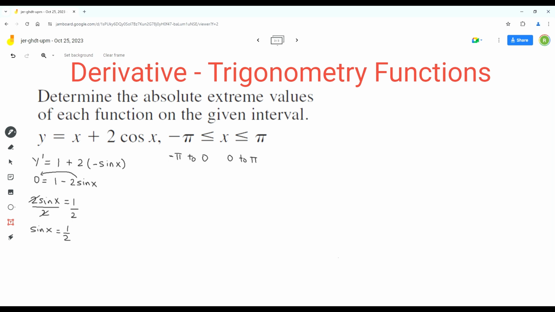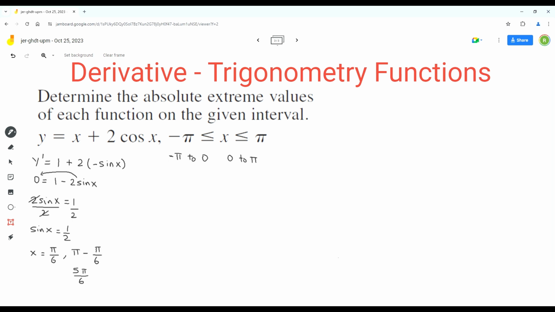So in quadrant 1, x will be equal to pi over 6, because sine of pi over 6 is equal to 1 over 2. And in quadrant 2, x will be equal to pi minus pi over 6, which is equal to 5 pi over 6. So these are the two x values from 0 to pi.